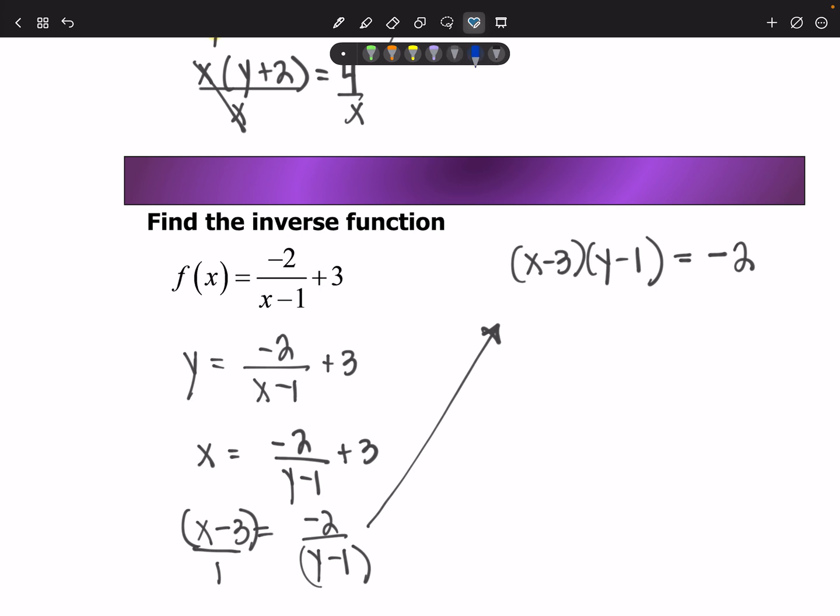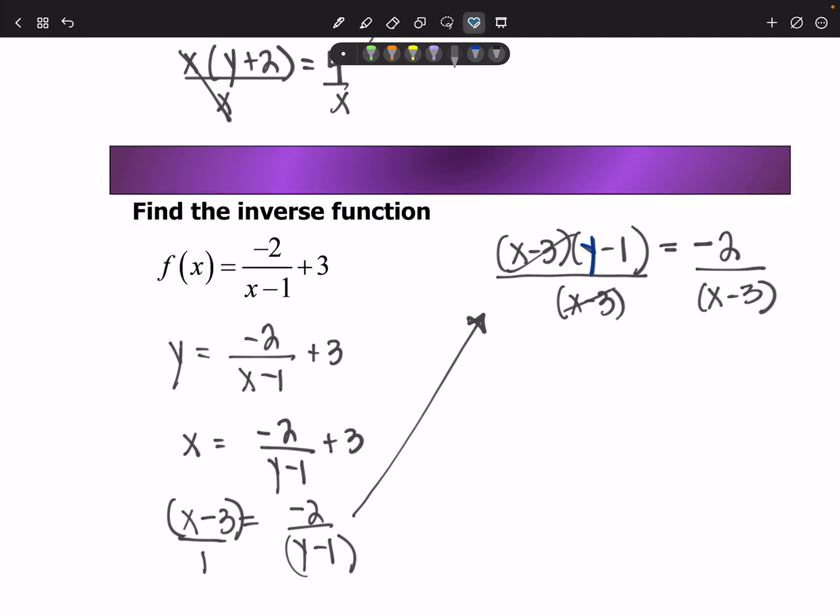Now I want to solve for y, so I'm going to divide both sides by x minus 3. I'm very close to being able to solve for y now. All I have to do is add 1 to both sides, so I have y equals negative 2 over x minus 3, and then add 1.